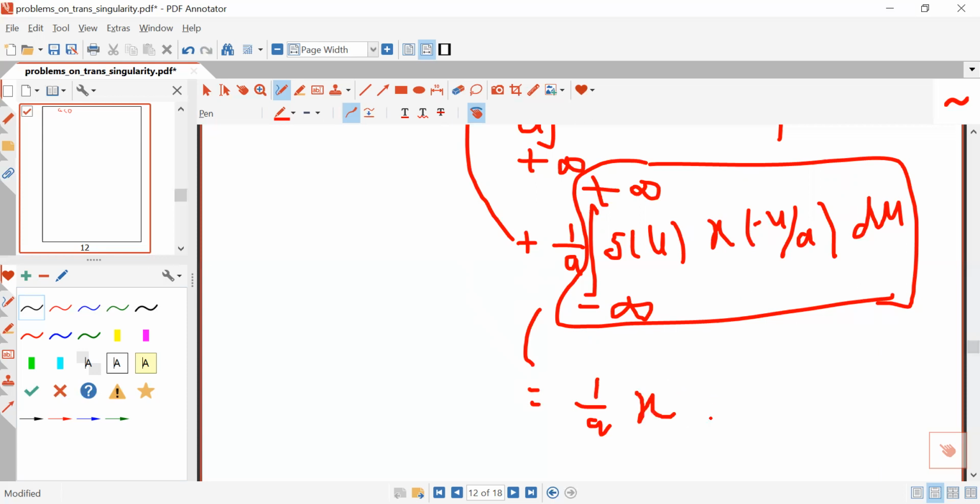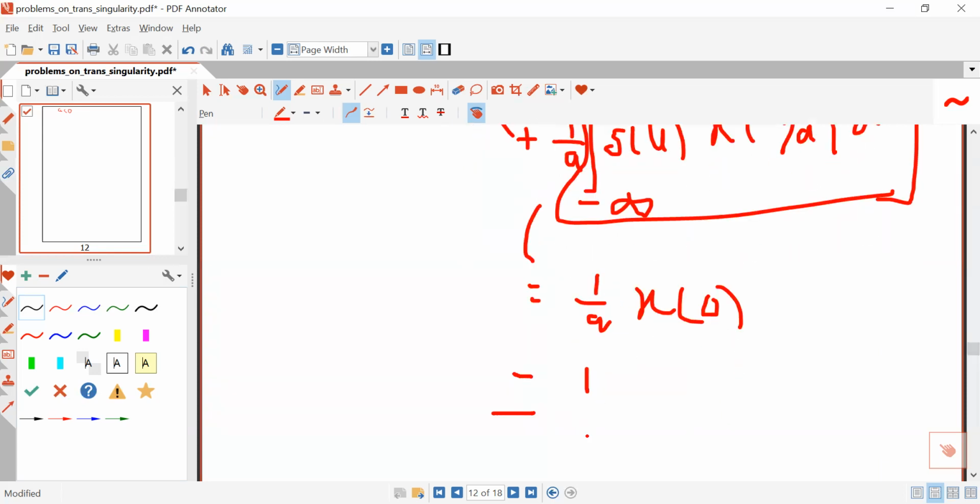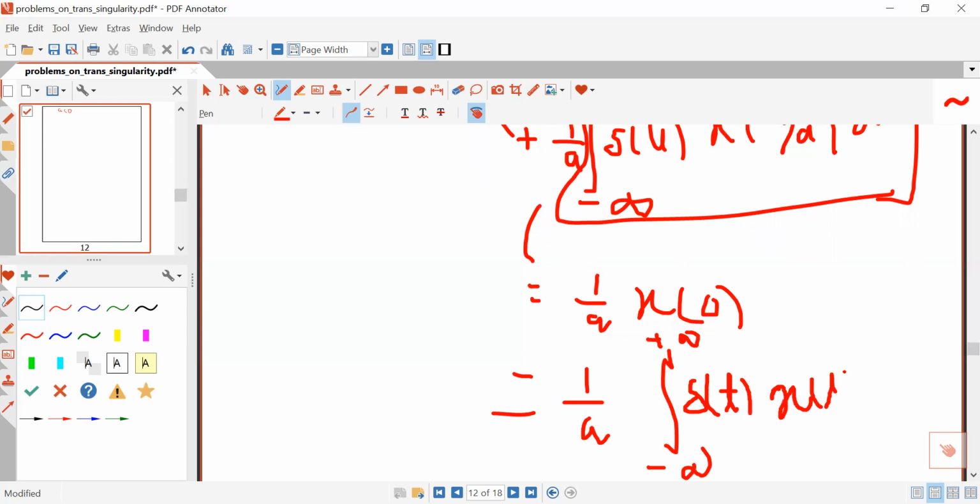And x naught you can write again from the shifting property as minus infinity to plus infinity delta t xt dt. So shifting property is very important to derive this scaling property. So you must go through that video.